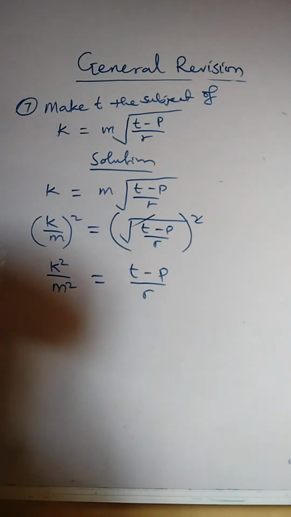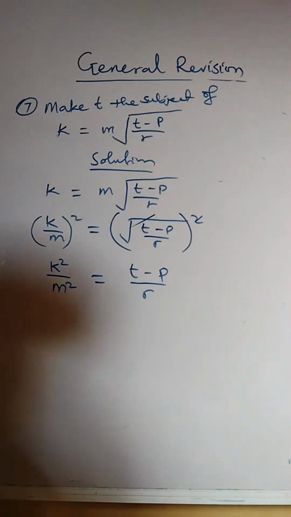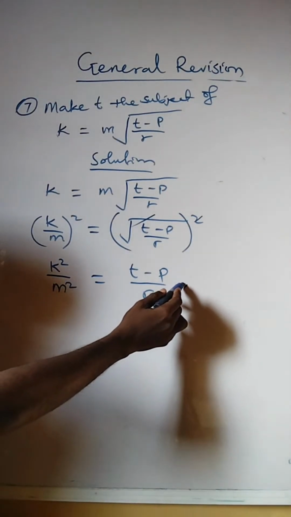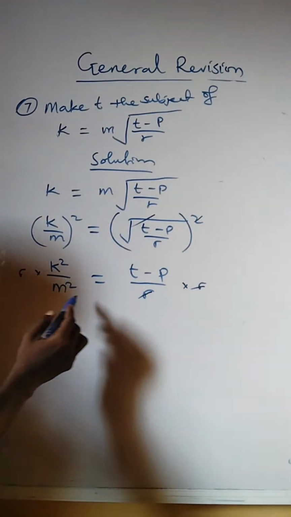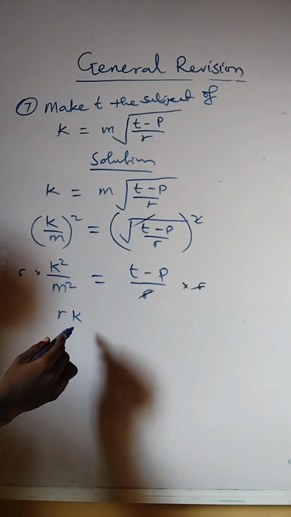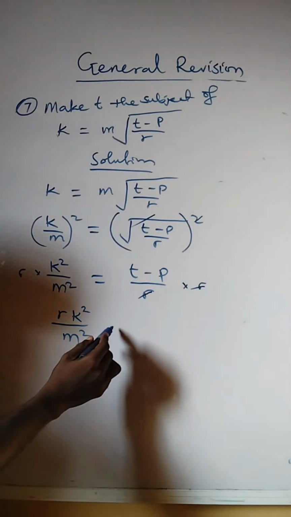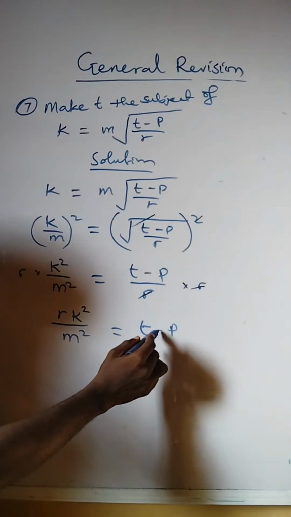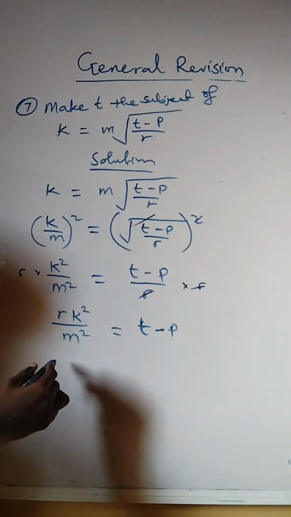Then, from here, if you like, you can just multiply both sides by R, so as to remove this R. So multiply this by R, also multiply this by R. Here, the R's cancel each other, and this becomes R K square, or K square R over M square, equals T minus P. Then, since T is what we are after, just take minus P to the left hand side.